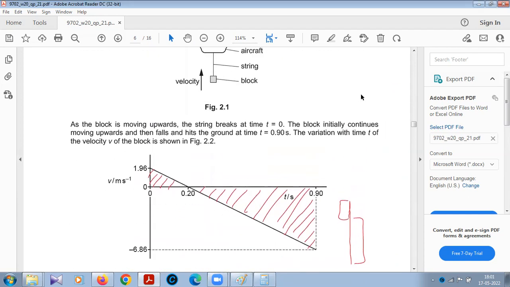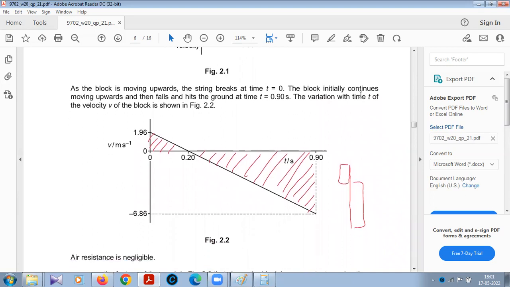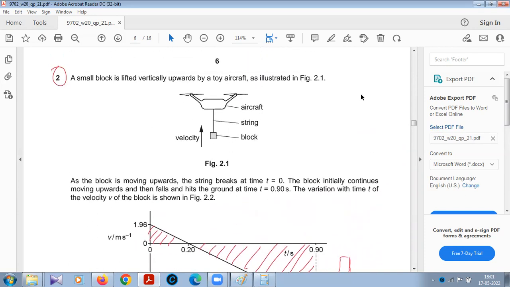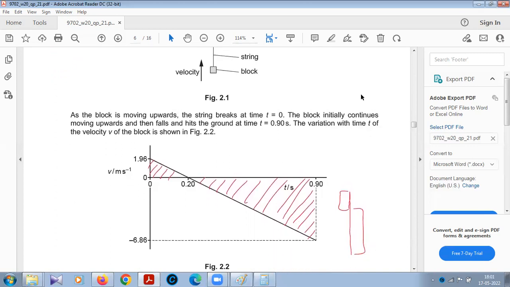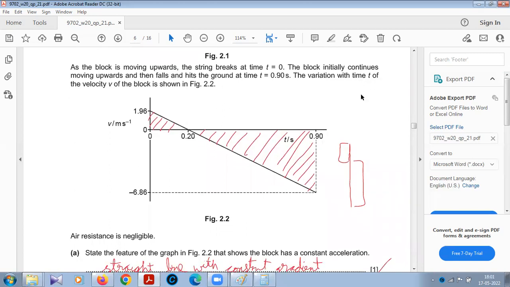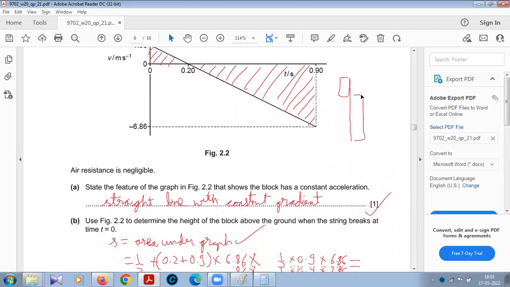See here, okay. This is at t equals 0. When the time is 0, the ball is released. It goes up, stops there and comes down. So when you find the area, you subtract the area as it goes down, and then you find the maximum height, but not the height from the time t equals 0. They are not asking the maximum height.